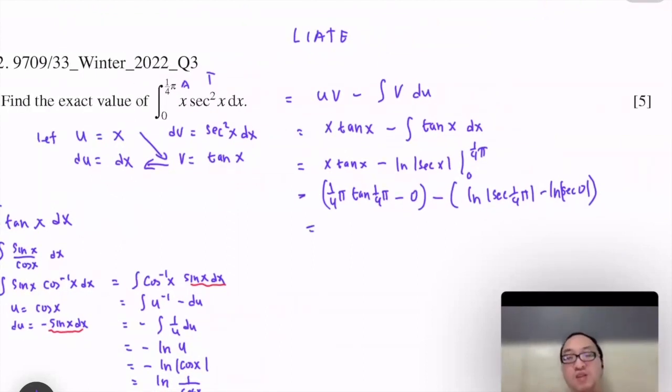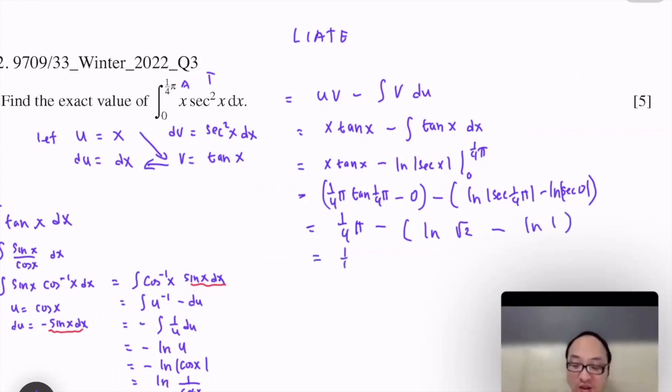Tangent pi over 4 is equal to 1. So pi over 4 minus 0 minus, put the bracket, ln secant pi over 4, which is 1 over cos pi over 4. So this is root 2, minus ln secant 0, which is ln 1.